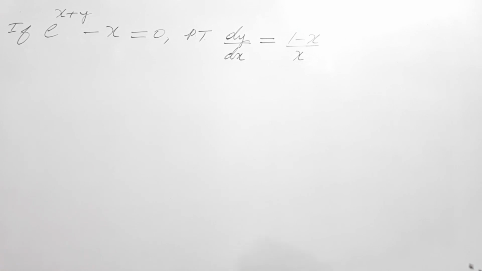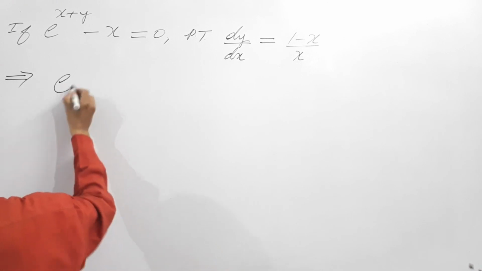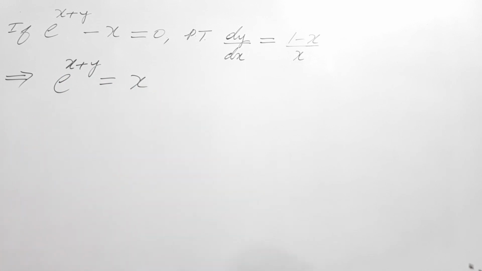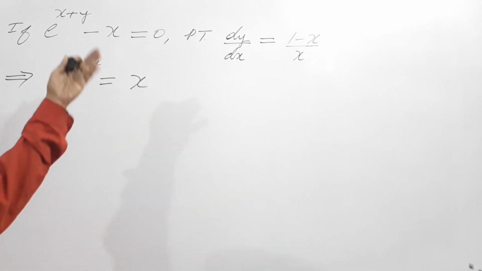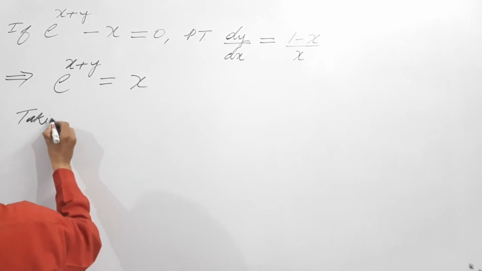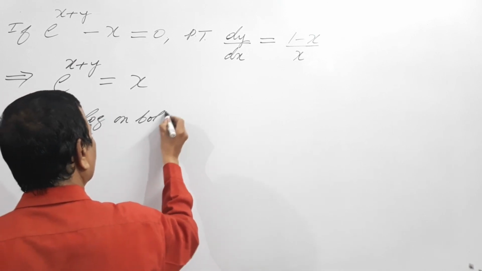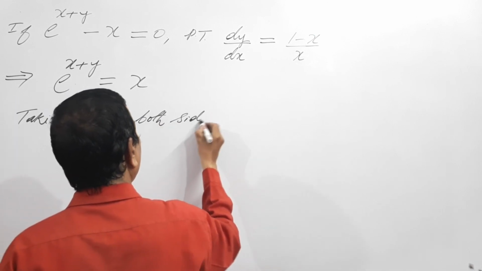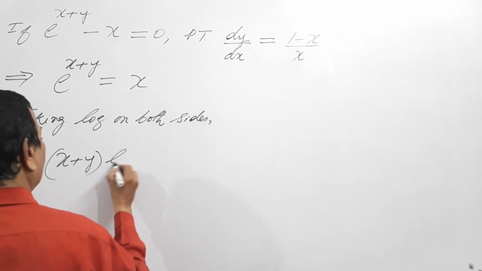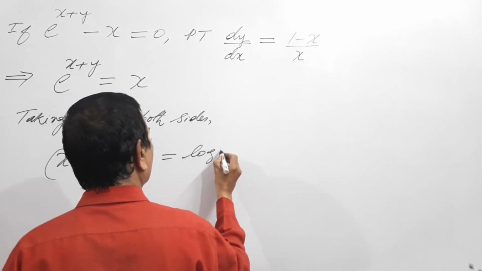So dear students, I will send this x to the right hand side, so this becomes e to the power of (x + y) equals x. Whenever you get powers, try to take log. Taking log on both sides, what happens here? (x + y) log e to base e equals log x.